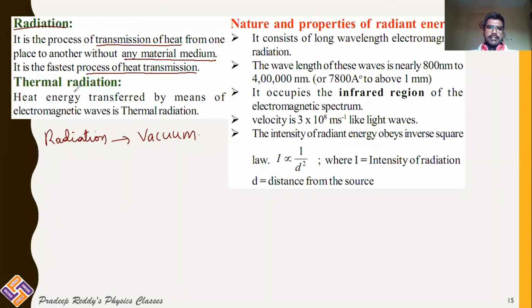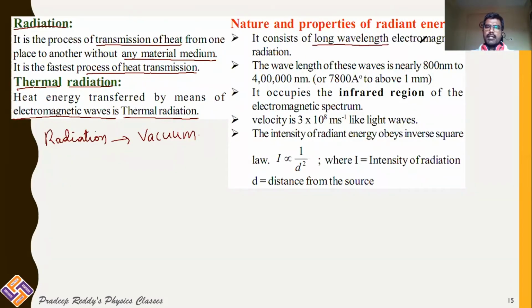Thermal radiation: thermal means heat, radiation means the electromagnetic waves which transfer heat energy are said to be thermal radiations. So heat energy transferred by means of electromagnetic waves is called thermal radiation. What are the properties of thermal radiations? Thermal radiations have greater wavelength.